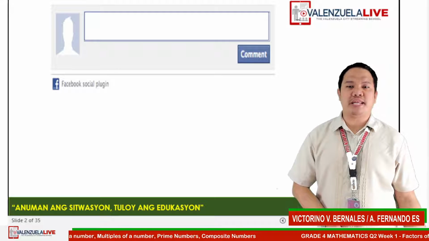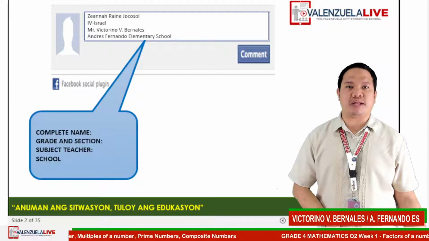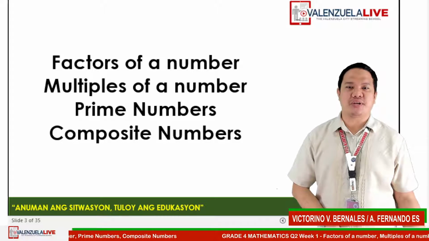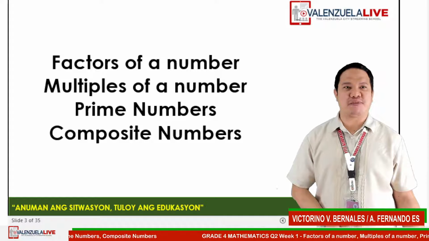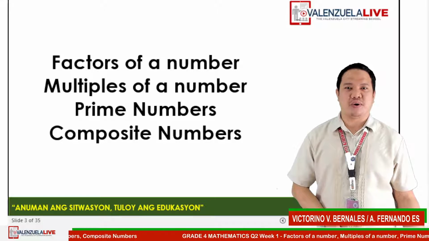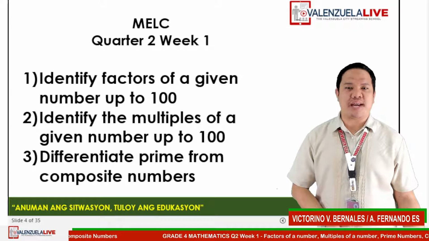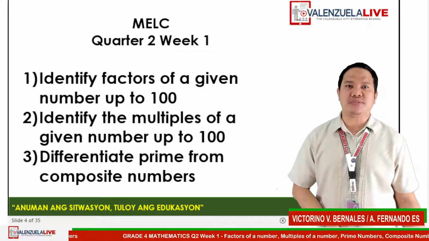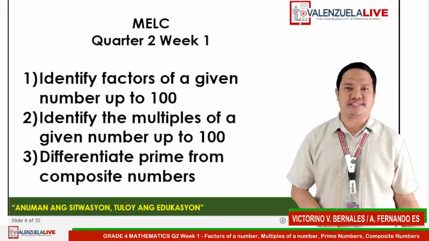Learners, be ready to be introduced to these mathematical terms, such as factors, multiples, prime numbers, and composite numbers. So we are now on our second quarter, week 1 of our most essential learning competence.